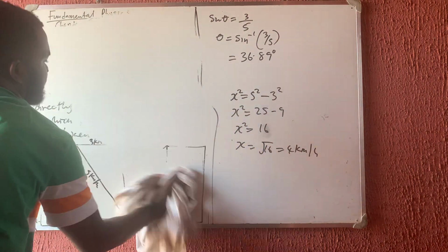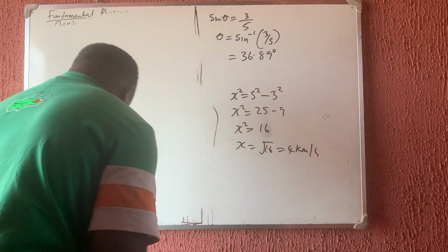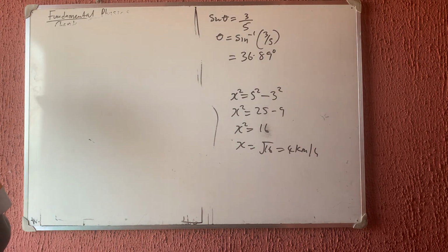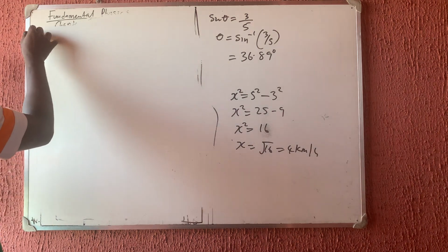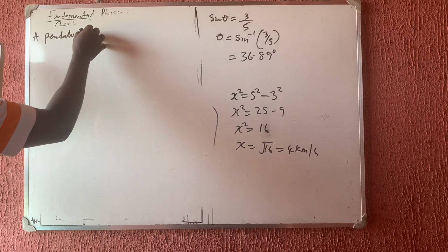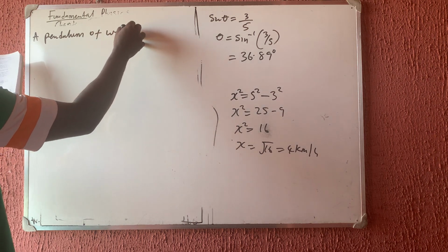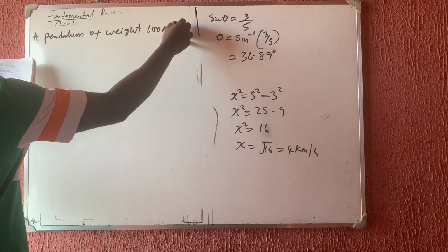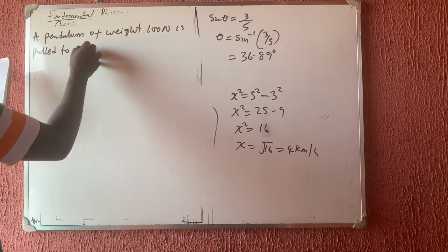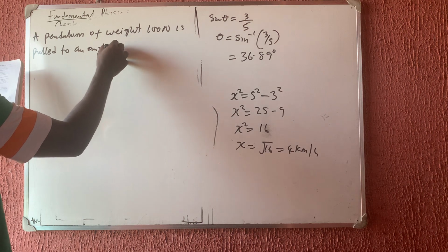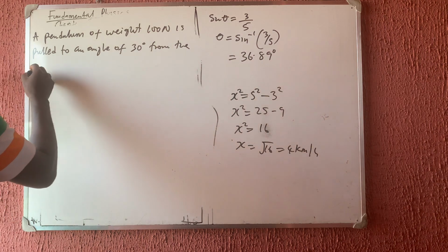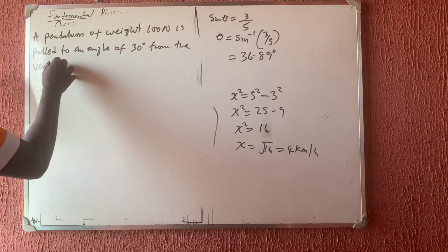So we'll go to the last question. Question number 7 is the last question here. They said a pendulum of weight 100 Newton is pulled to an angle of 30 degrees from the vertical.